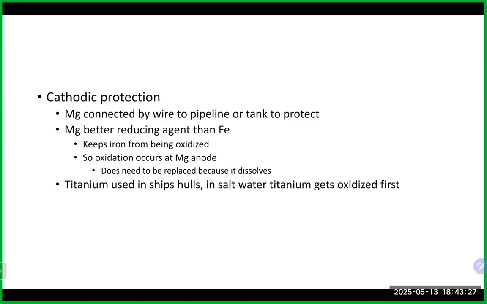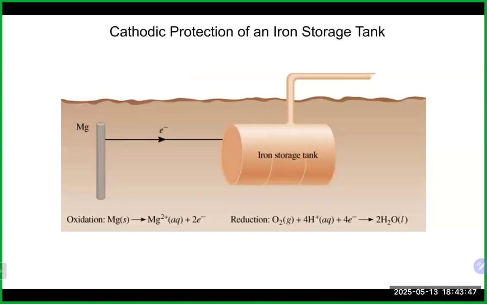So when magnesium and iron get together, oxidation is going to occur at that magnesium and not the iron tank that you just buried under the ground. Titanium is used in ships. Obviously, there's a lot of moisture in ships and salts and all that kind of stuff. So this is the idea here. All the oxidation occurs over here, destruction occurring over there, leaving whatever you buried in that tank undisturbed, hopefully. After so many years, you may have to dig it up and fix it, perhaps.